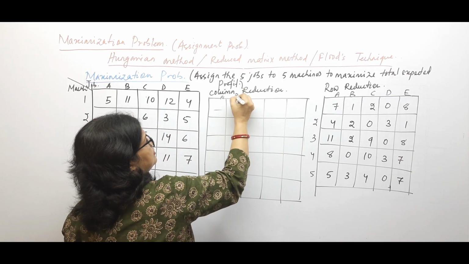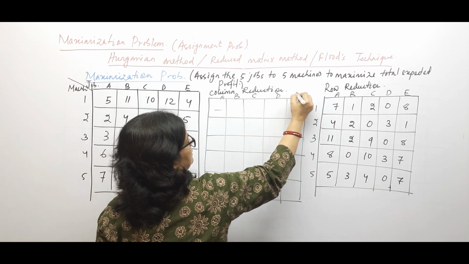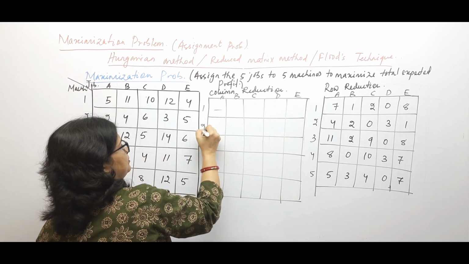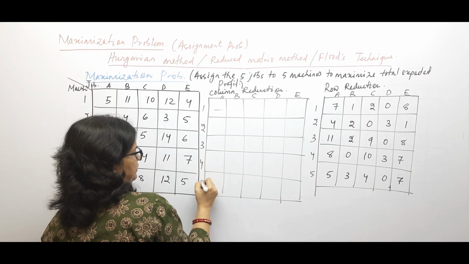The rows are A, B, C, D and E, and the columns are 1, 2, 3, 4 and 5.